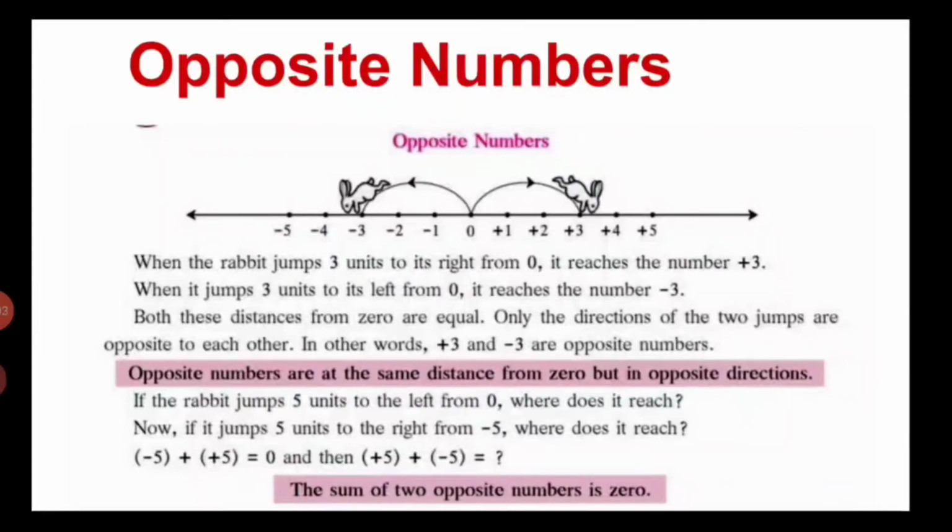Children, now let us learn about opposite numbers. Let us see the activity given here. On a number line, we can see a rabbit hopping, correct? When the rabbit jumps 3 units to its right from 0, it reaches the number plus 3. So when it is hopping on the right hand side, it reaches plus 3.